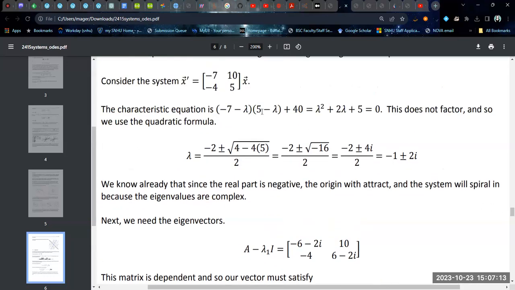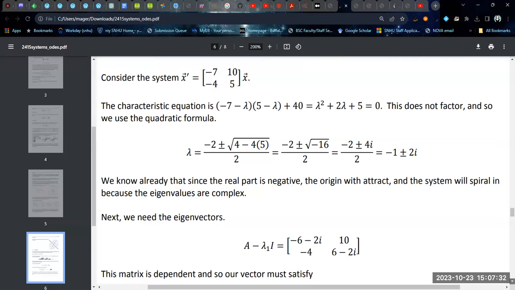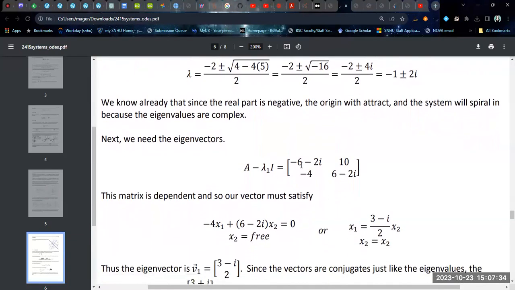Now, when we subtract -1 plus 2i off the diagonal, you get -6 minus 2i and 5 minus (-1 plus 2i) in parentheses. You end up here. This is very common for these kinds of matrices, where the diagonal elements now look kind of like each other, but the sign change is in the real part.